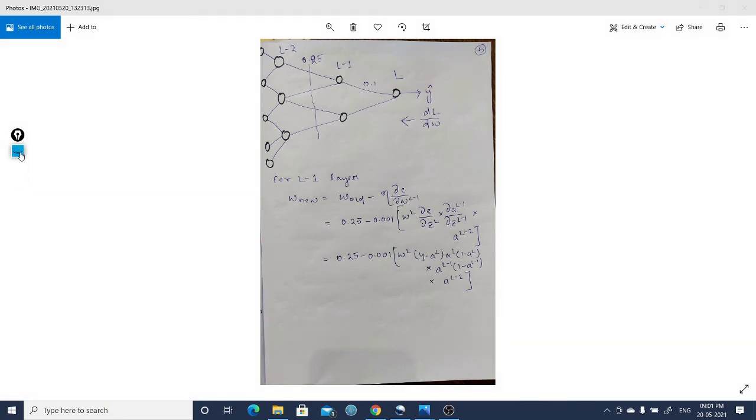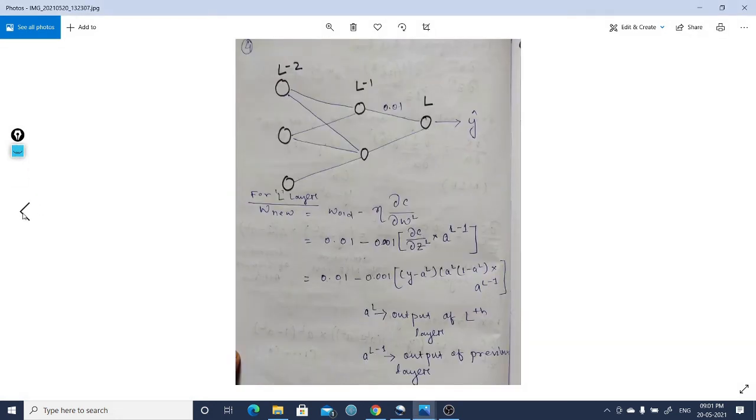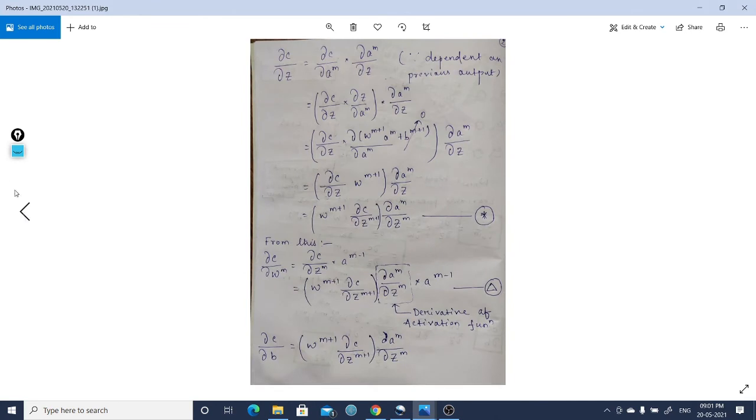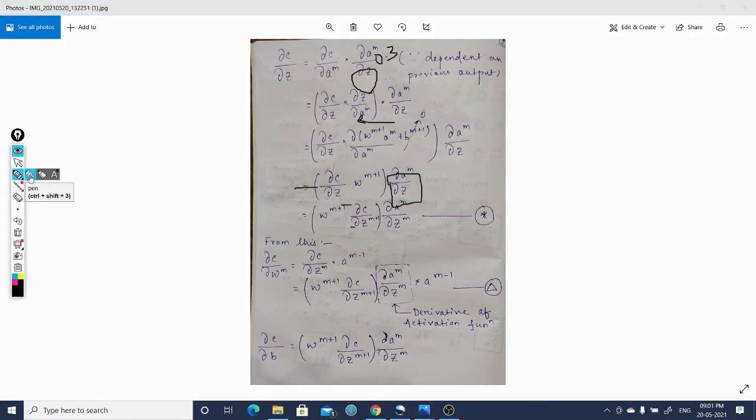Which formula am I talking about? I'm talking about this particular formula to calculate dC by dW, right? Whatever the previous layer is, for dC by dW we have to calculate this formula.